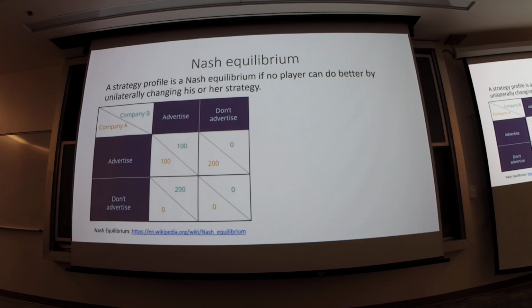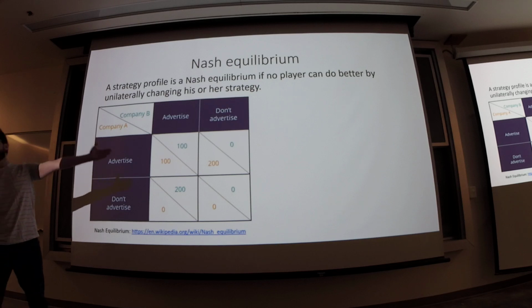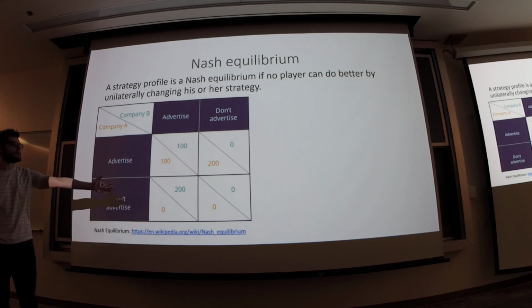We have two different companies, Company A and Company B. They have to decide whether to advertise their new product or not, to make this new advertisement. So these are the gains of the two companies.